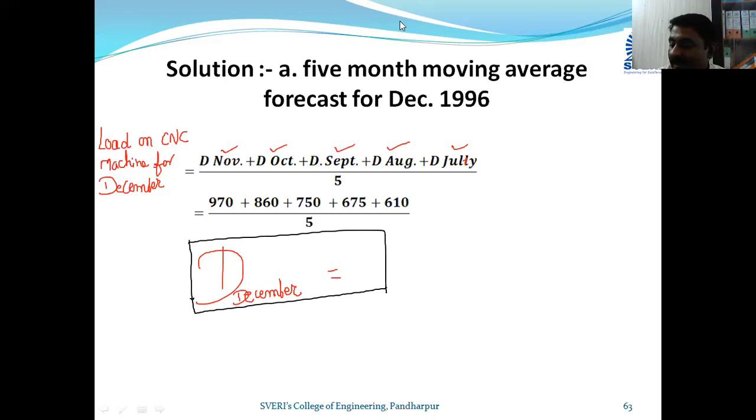Okay, what is the value for this December? Load in hours is given. Therefore, I will also say the answer in hours. So please calculate and tell me the answer in hours. You will get the answer in hours.